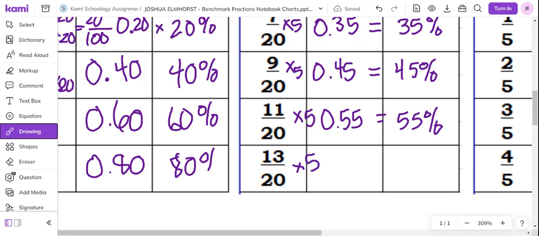And 13 times 5, 65. 65 hundredths, or 65%.